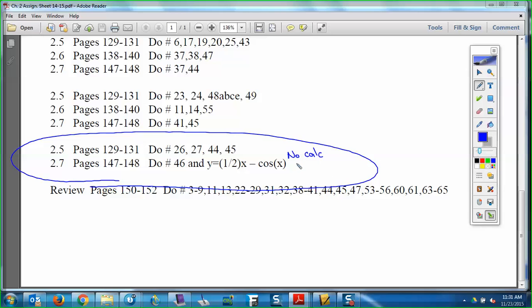Give me that too. I just made up this problem right here. I just made up that problem, so I would do that as a no calculator, local max min practice. No calculator, local max min is what I would do on that one, because we said we weren't going to do global on that. Number 46 is a calculator one.